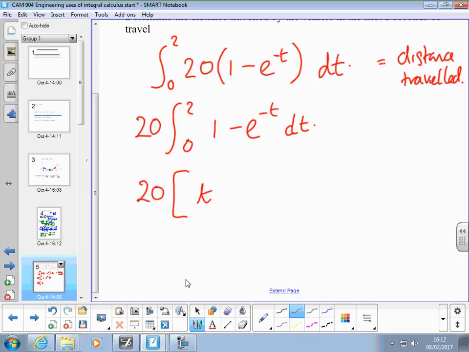t. And how do we do e to the ax? If that's in the form of e to the ax, what is a in this case? Yeah, a equals minus 1.